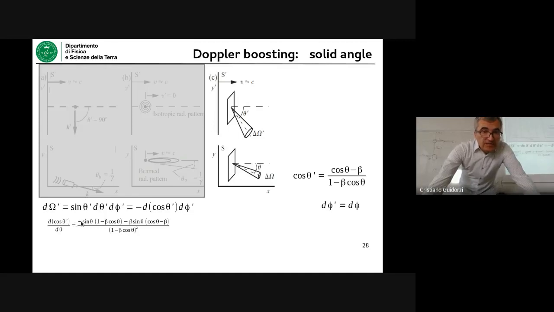I explicitly wrote here the result, and I always invite you to check yourself the calculations that I put on the slides. This is just a matter of deriving this formula here.